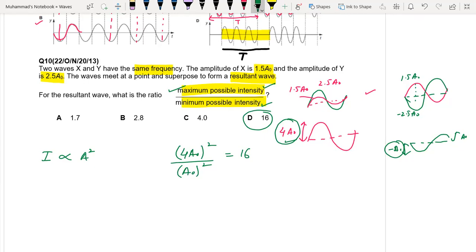If they interfere destructively, the resultant will have amplitude of a naught. Intensity is proportional to the square of amplitude, so we have to take the square of both amplitudes, and then take the ratio. So the answer will be 16.